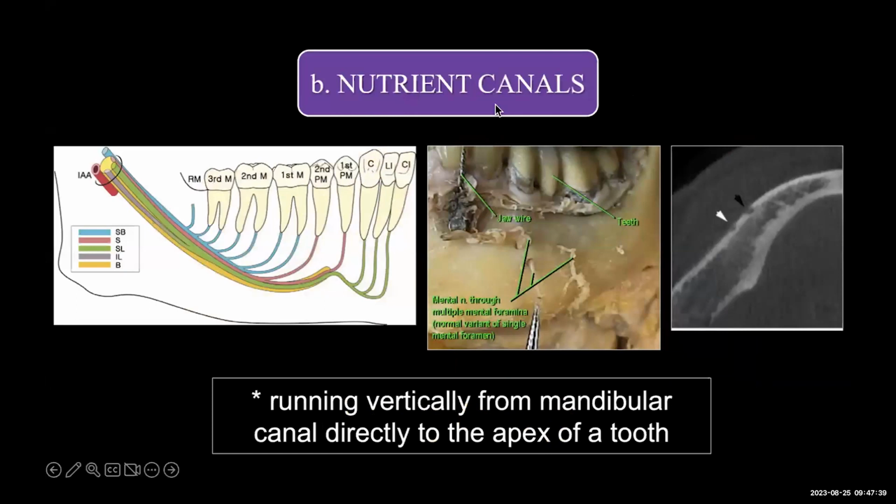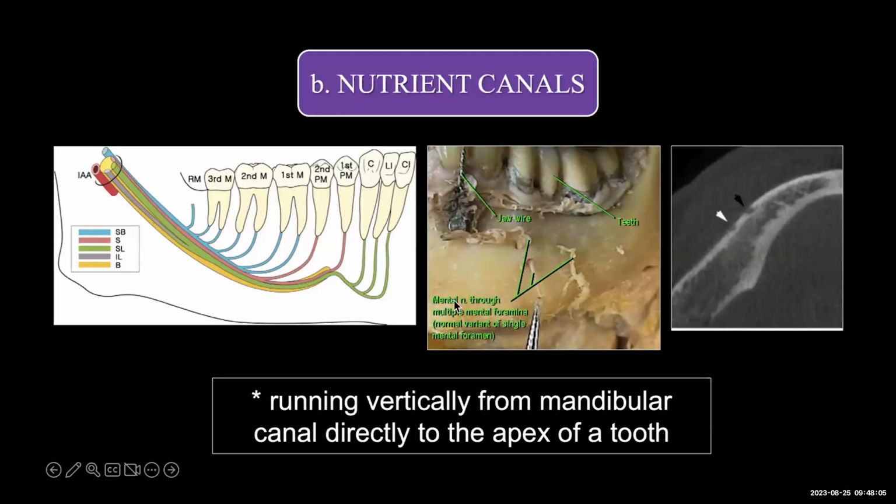Now, a nutrient canal looks like a small little nerve fiber, or I call them little angel hair pasta. These are the nutrient canals that branch off of that inferior alveolar nerve and go to the teeth. So these are actually nutrient branches that are sensory to the teeth.